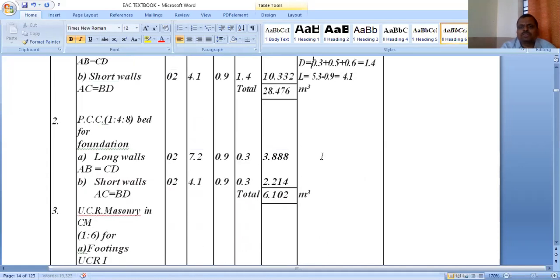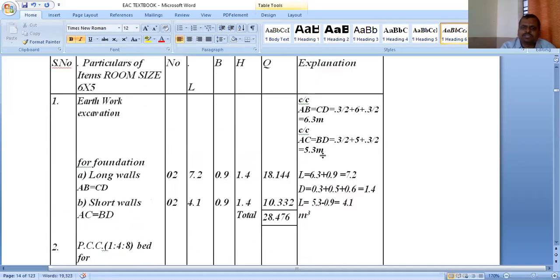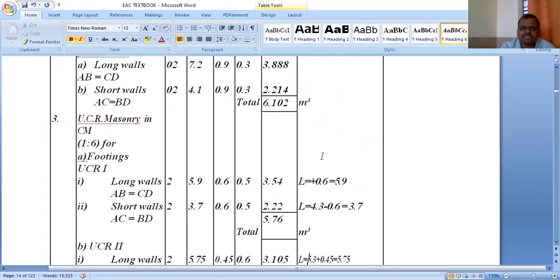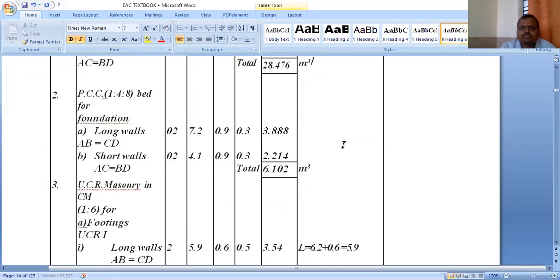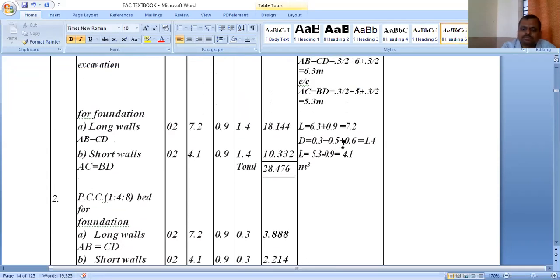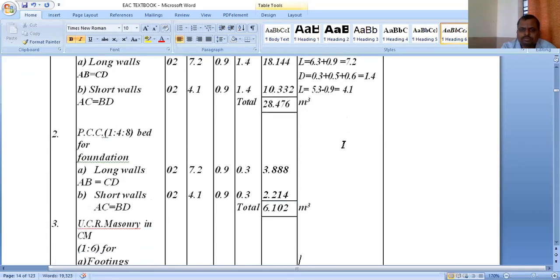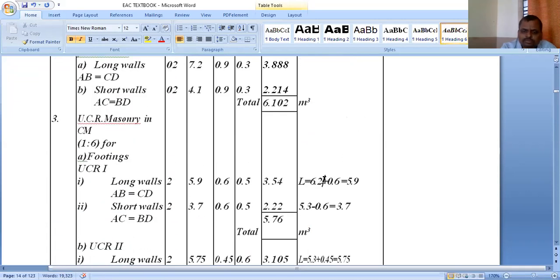For that purpose, we have to see the center to center distances of the long wall and short wall. 6.3 meter and 5.3 meter are the center to center distances of the long wall as well as the short wall.